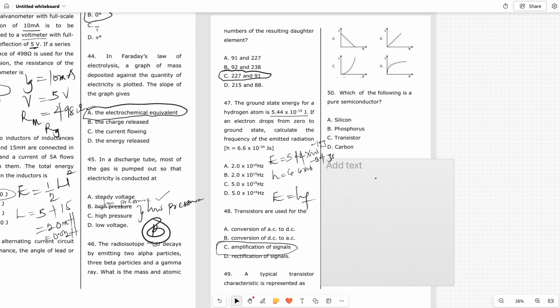So you expect the answer there to be this exponential rise, exponential increase in both the current and the voltage. And 50, which of the following is a pure semiconductor? So a pure semiconductor, you expect that to be silicon, right? Silicon.